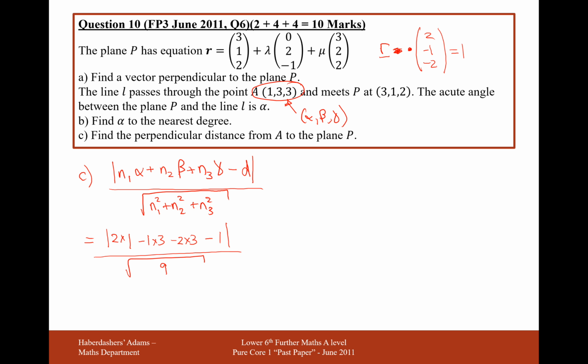That was the square root of 9, remember we found that out earlier. So this is going to be 2, take away 3, that's minus 1, take away another 6, that's minus 7, take away 1, that's minus 8, so that's going to be 8 once we've modulused it, over 3. So that's the answer there, square root of 9 was 3. So 8 over 3, or 2 and 2/3, is the distance from A to P. Great, that's 10 marks in total for that question.